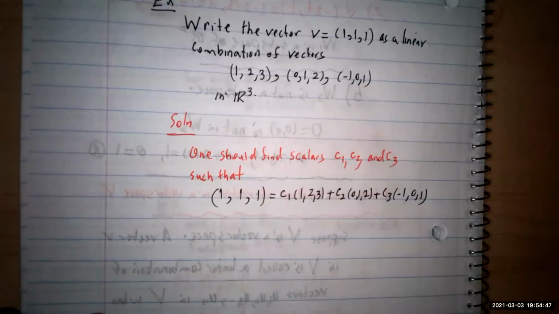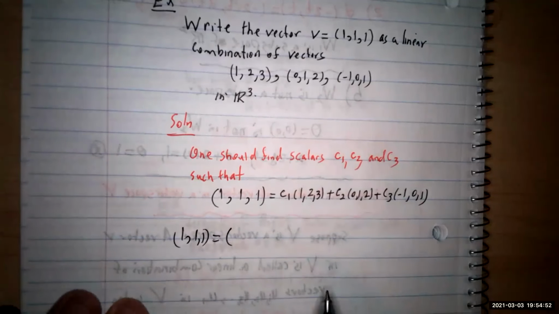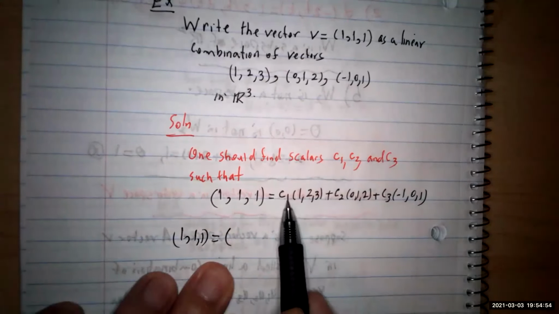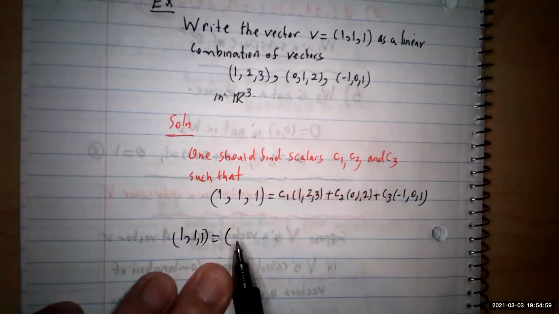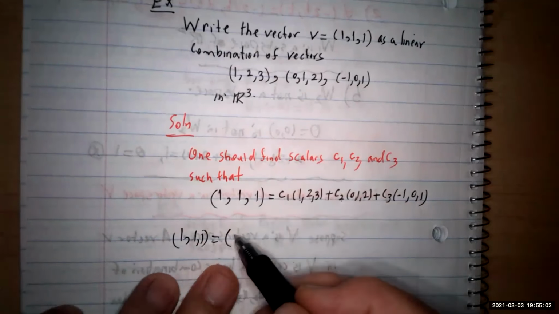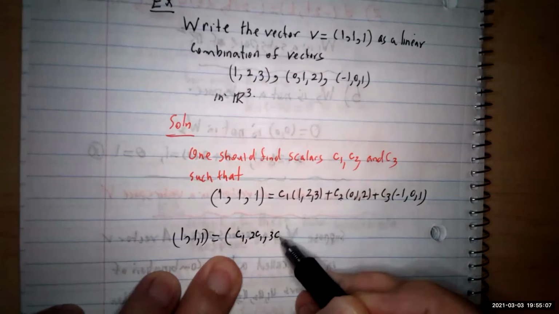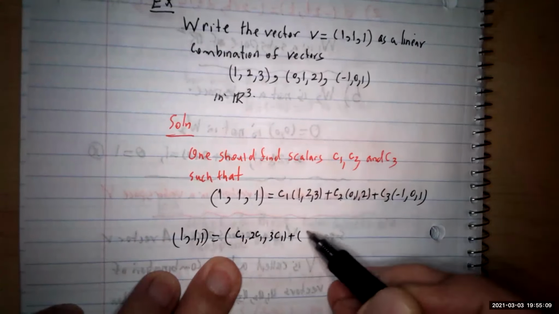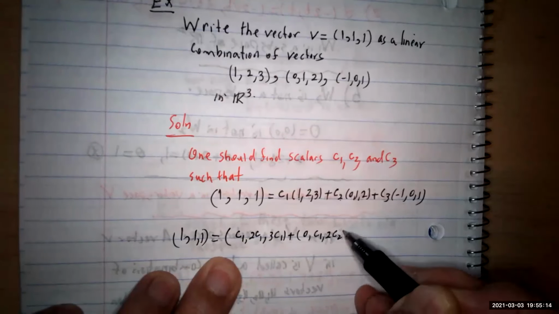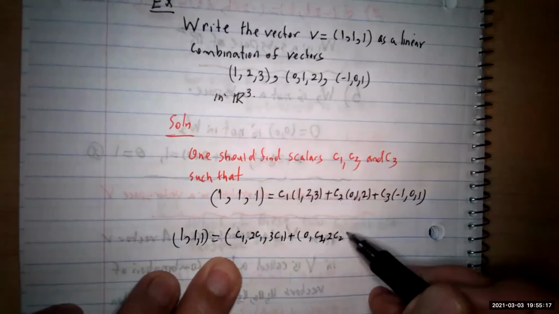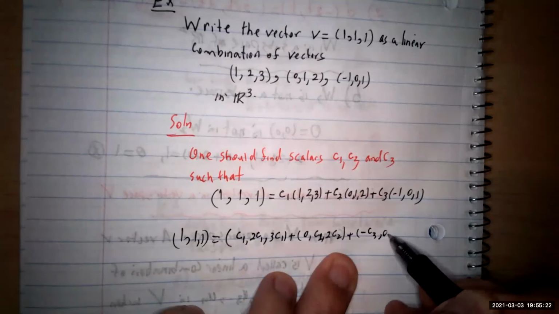So we have (1, 1, 1) equal to, looking at the first component, C1, then 2C1, C2, and 3C1. We do it right away, of course. You just multiply this one, that gives you (0, C2, 2C2), and you multiply this one, that gives you (negative C3, 0, C3).